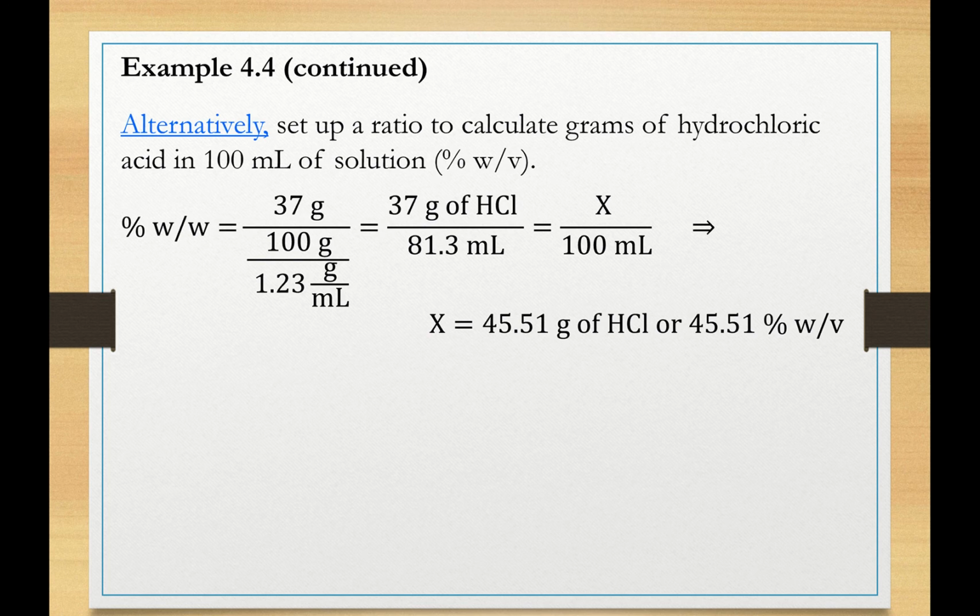Now if you wanted to divide the numerator, you're going to end up with 37 grams of HCl in 81.3 ml of solution, and in order to get the concentration as percentage weight per volume, you're going to have to normalize your denominator into 100 ml. So then cross multiply and you get your answer. Either way is fine, whatever you are more comfortable with.